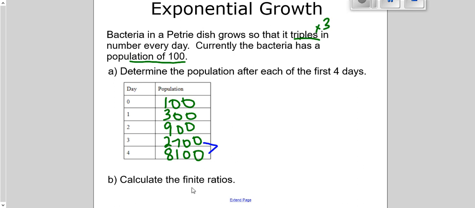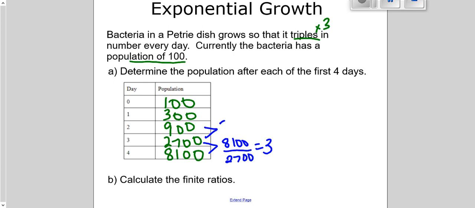With exponential, instead of subtracting, we're actually going to divide. So we're going to figure out the ratio of this. So I'm still going to start at the bottom, 8,100, and then I'm going to divide it by the number above. And notice when I have 8,100 divided by 2,700, I get 3.